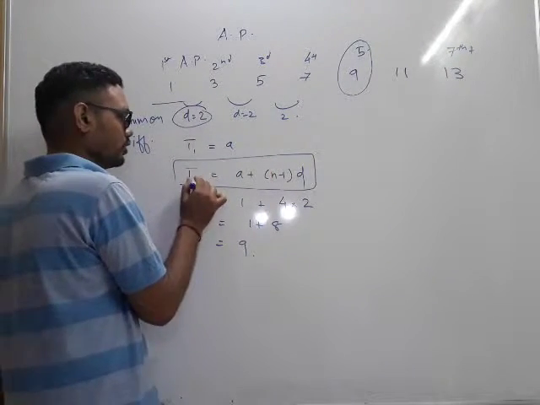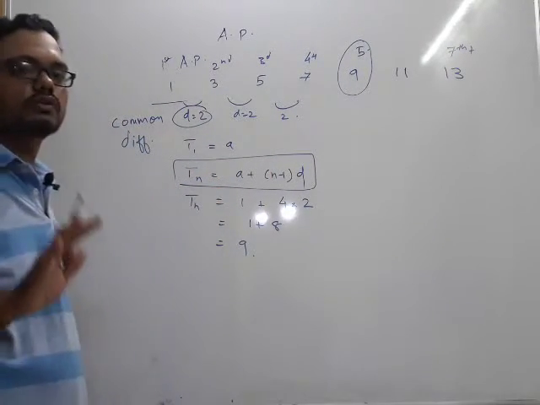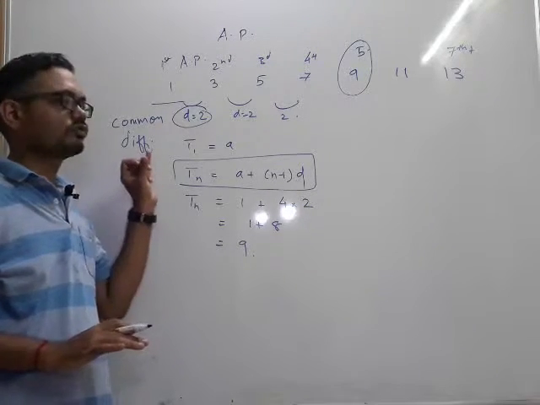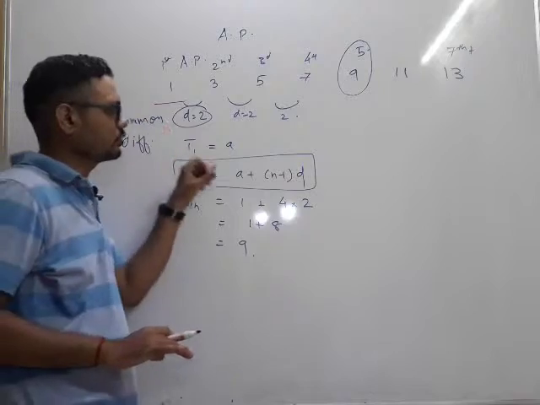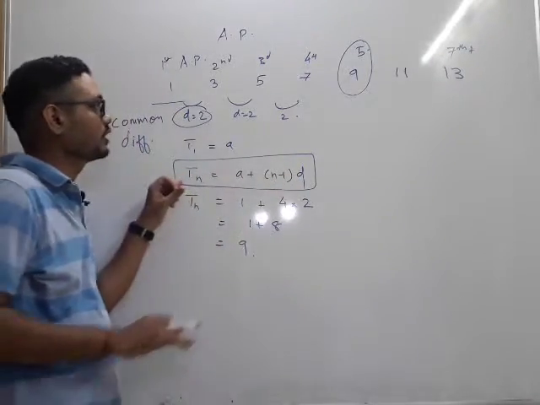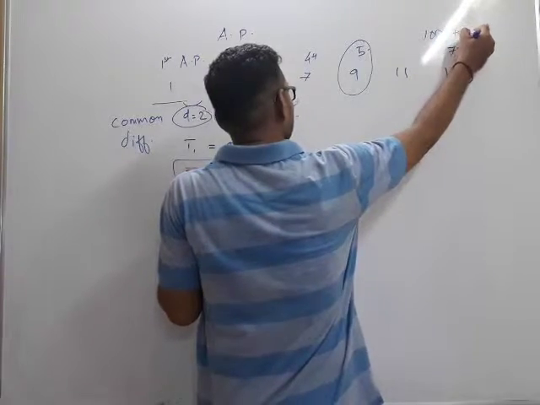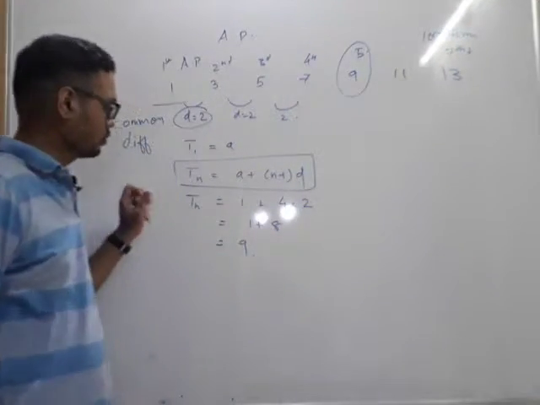So in short, it becomes a generic standard common formula for all APs. If I know the first term and the common difference, I can find the 100th term also. Understood? So what is the formula?